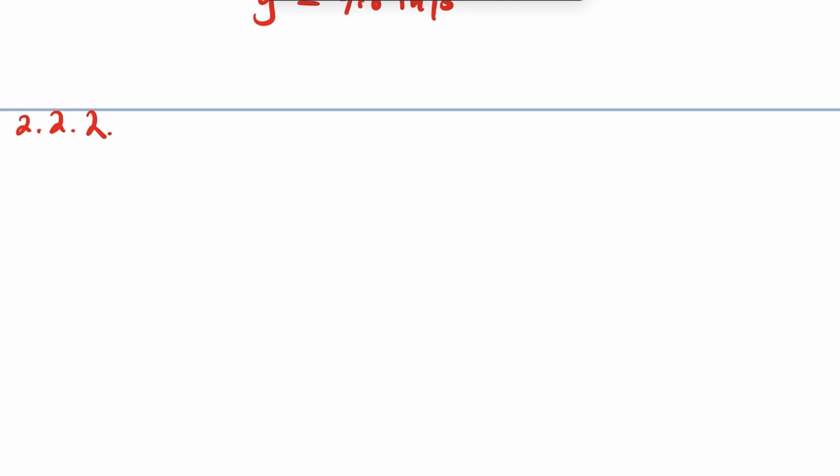So what do you need to understand? You need to write the formula first for universal gravitation. You get the mark for the formula.